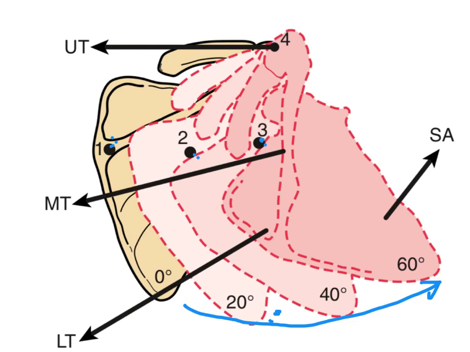The next range of motion occurs after the shifting of the axis of rotation towards the lateral aspect. From the second point to the third point of the axis of rotation, we will get the maximum range of 60 degrees of rotation.